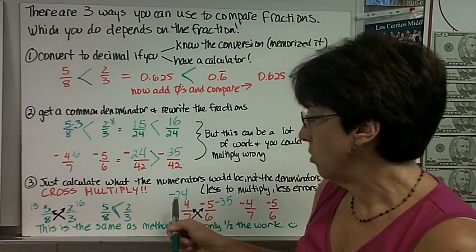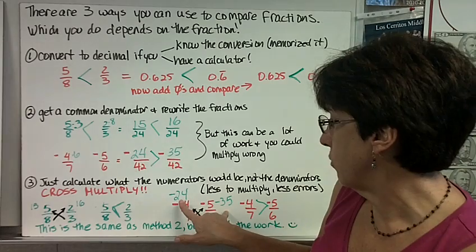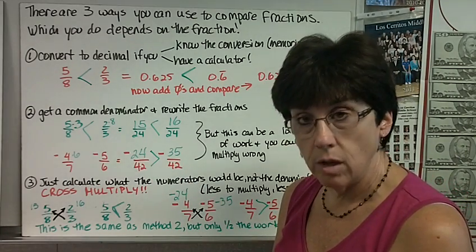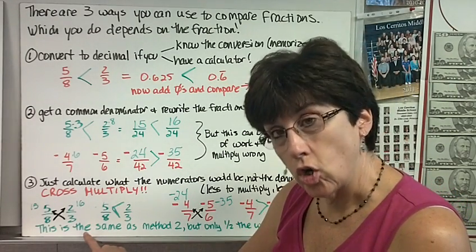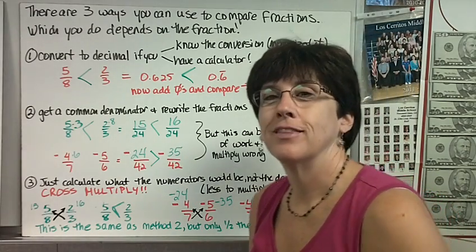Which is closer to 0? Negative 24, so that side's bigger. It's the same numbers, negative 24, negative 35, that we had when we did the whole finding the new denominator. But here you're only doing half of the work, so hopefully you'll make half the mistakes, or even better, no mistakes. That's it.